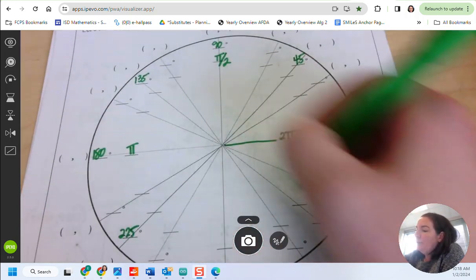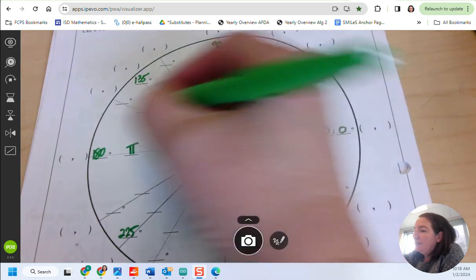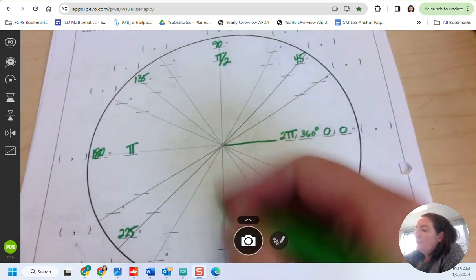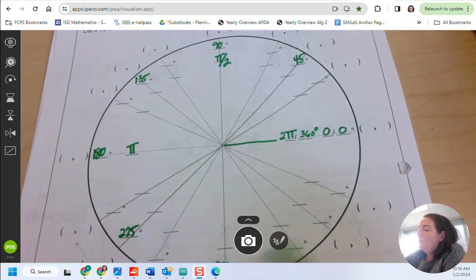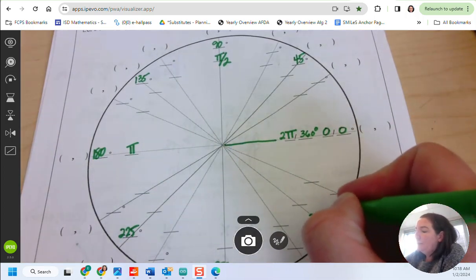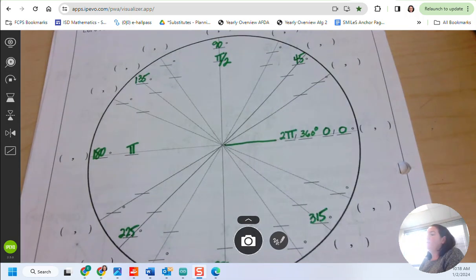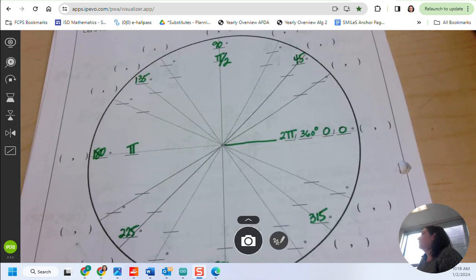And then here, 45, oh, I didn't even fill this one in. This one is 90, 180, 270. And then this is 45 more than 270, so 315. So all of those angles that are in the center of a quadrant, they all have to do with 45. Any questions on those so far?